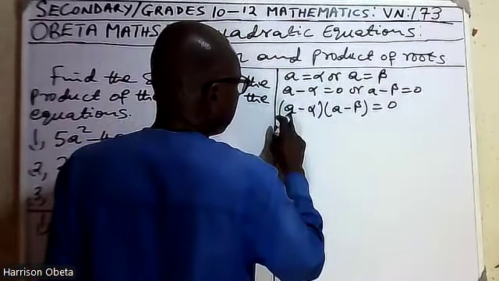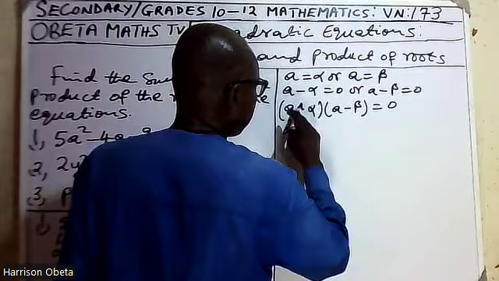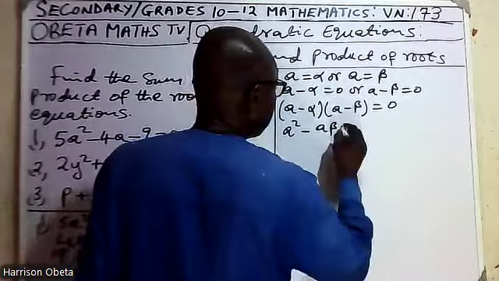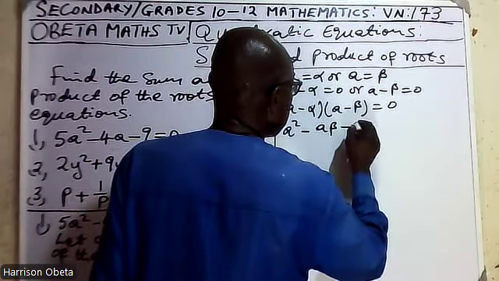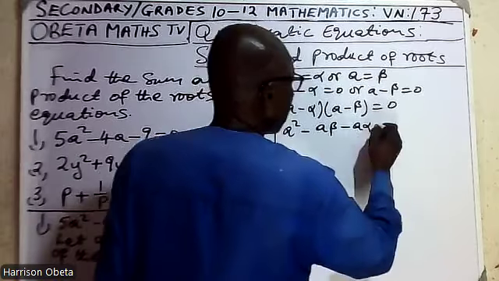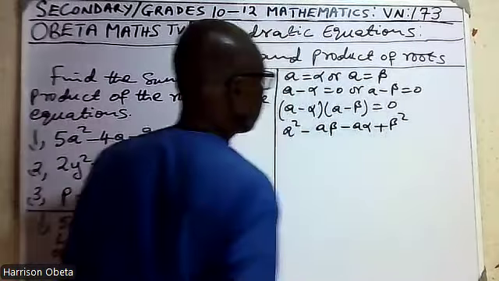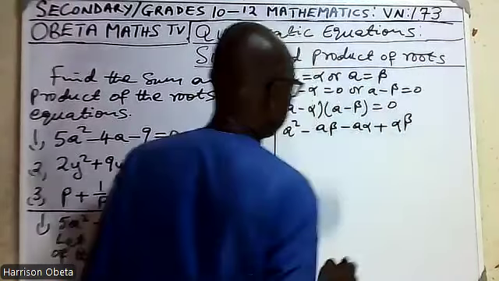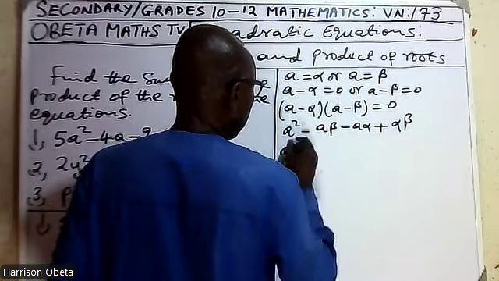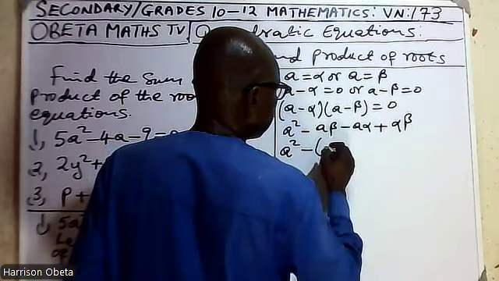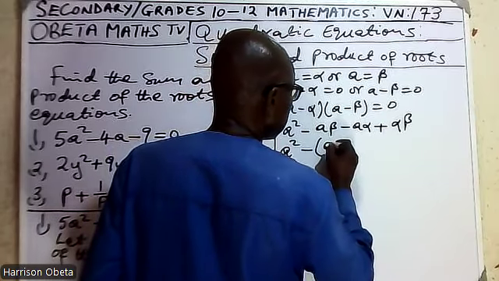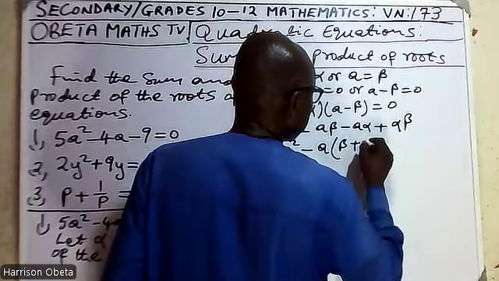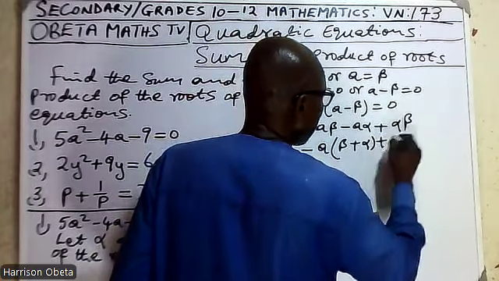Multiplying out, we have a times a is a squared, minus a beta, and minus a alpha, plus alpha beta.